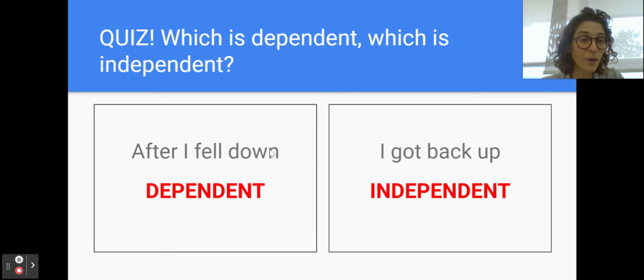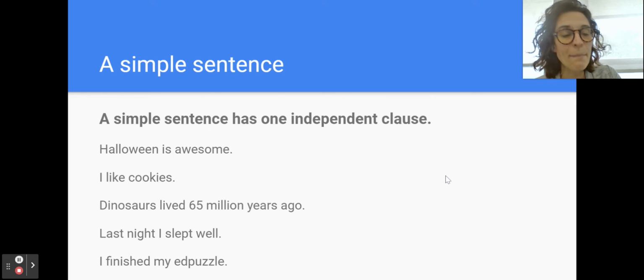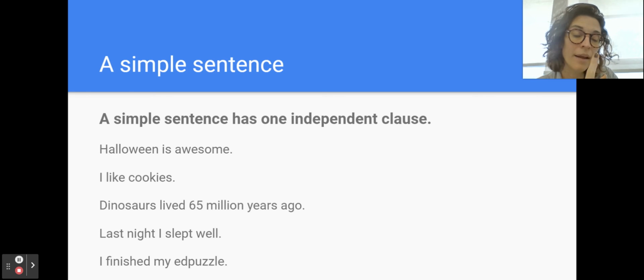Here we go. After I fell down is dependent. I need more information. All by itself, it is dependent. I got back up is independent. Independent. So a simple sentence is defined as one independent clause, complete thought with a period at the end.